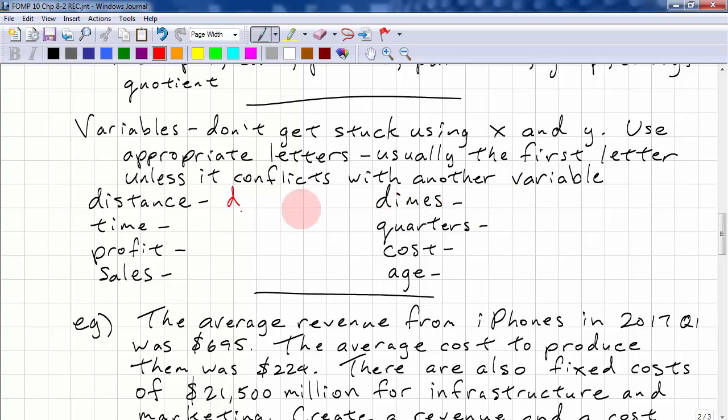If two variables have the same first letter, then you can use a second letter or some other appropriate choice. Time, T, profit, P, sales, S, quarters, Q, cost, age. Okay, that's not terribly difficult.